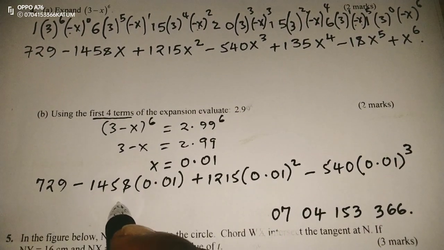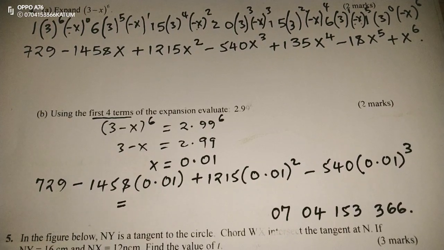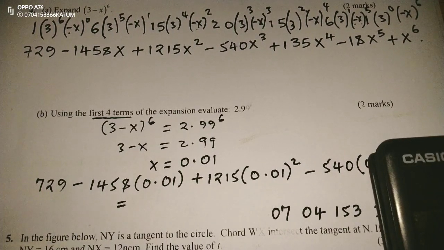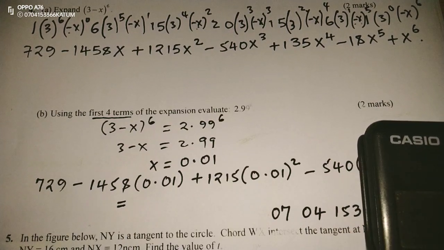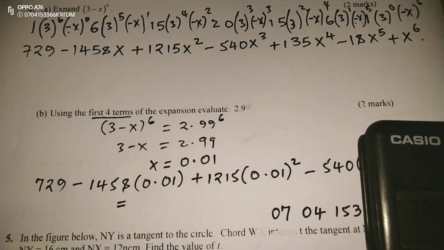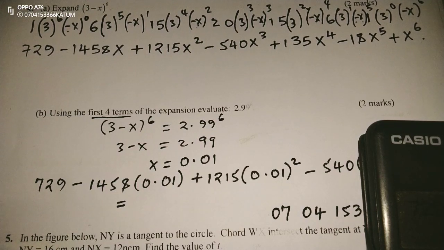Therefore, I'll feed this expansion into the calculator so that you may see now what the answer is. So 729 minus 1458 into 0.01, then plus 1215 into 0.01 squared.